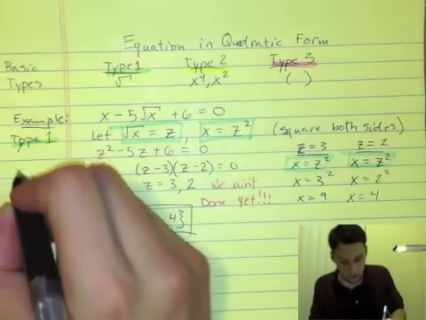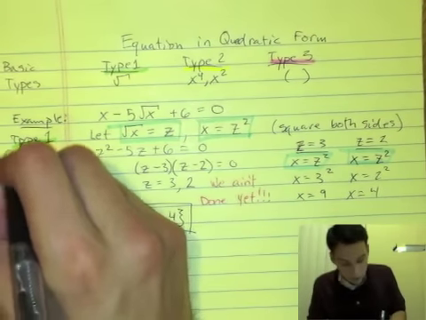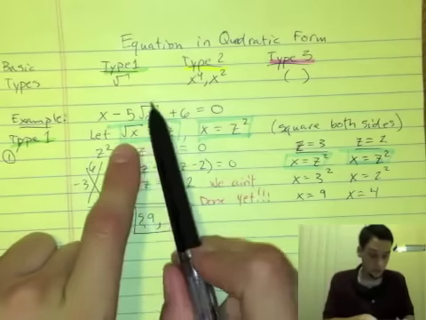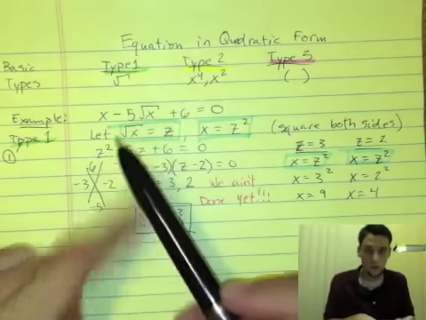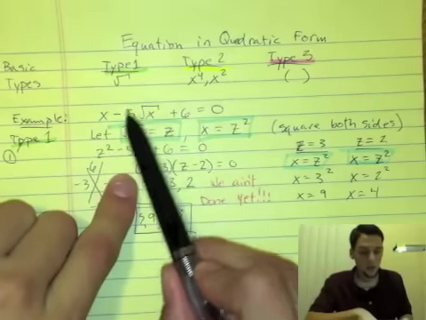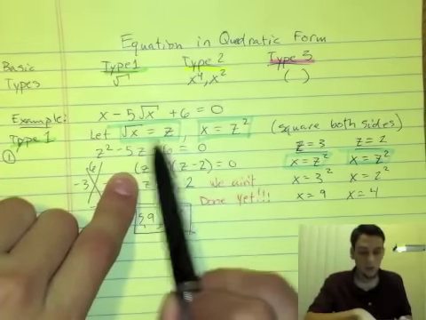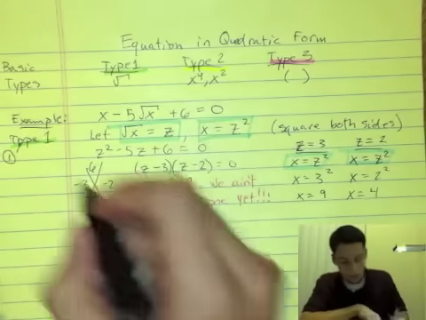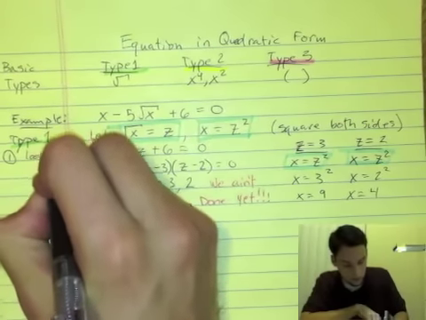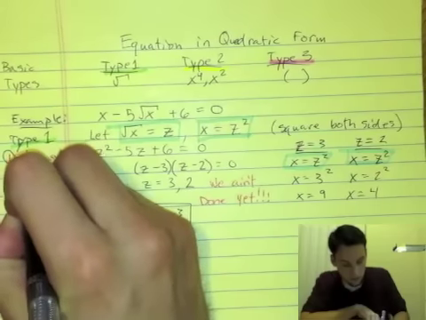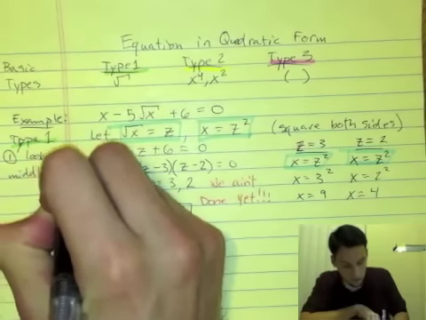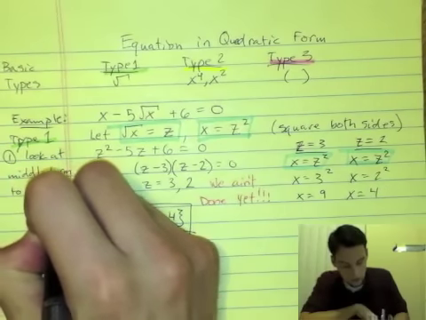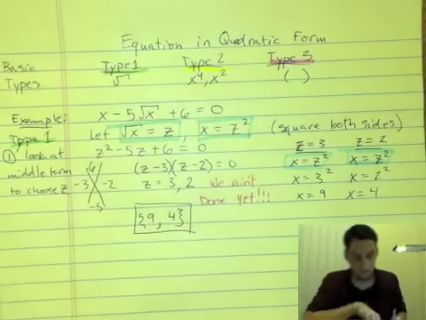So the steps in this problem were, look at the middle term. You look at the middle term to pick your substitution, to choose your z.